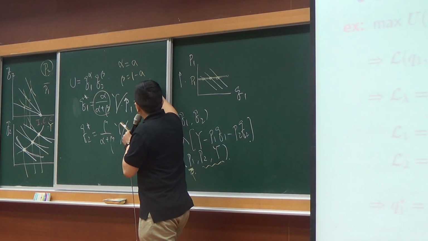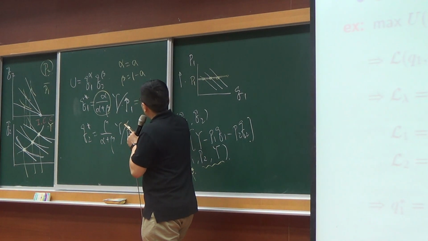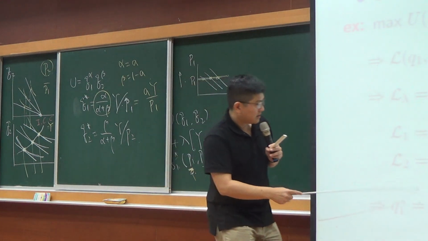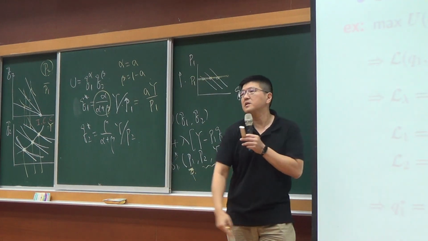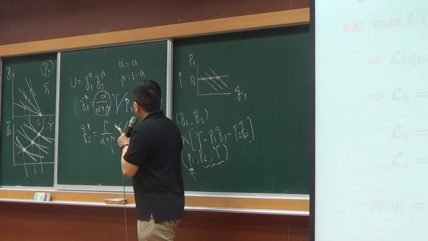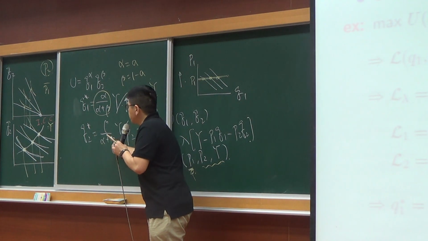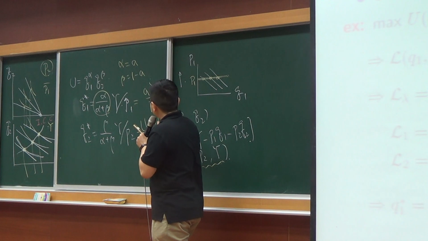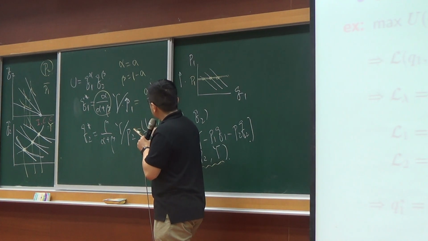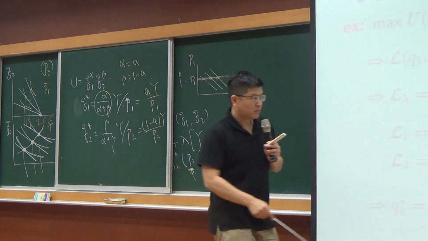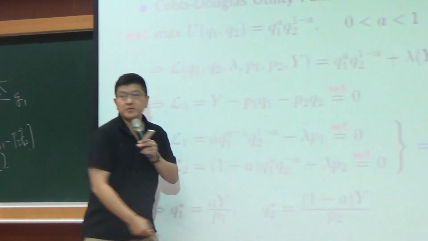So it would be AY over P1, and this would be 1 minus A, so 1 minus A times Y over P2.